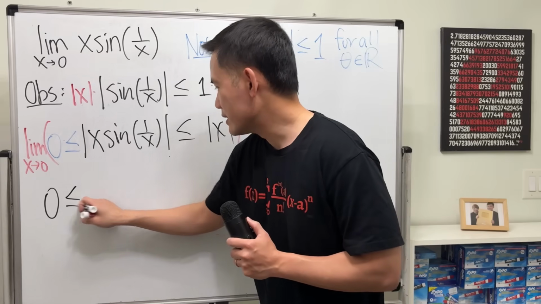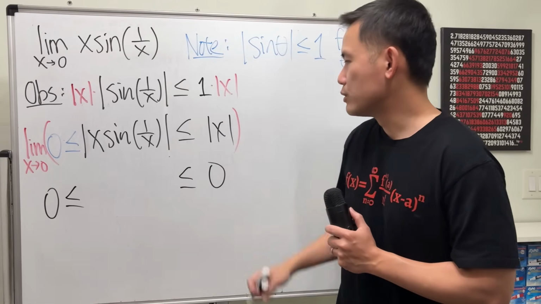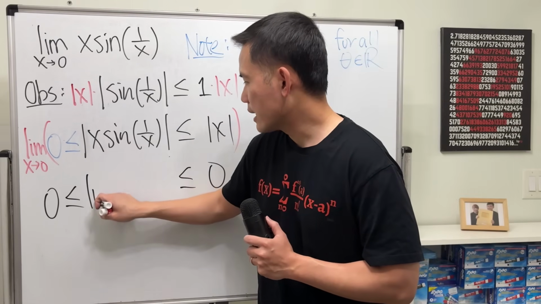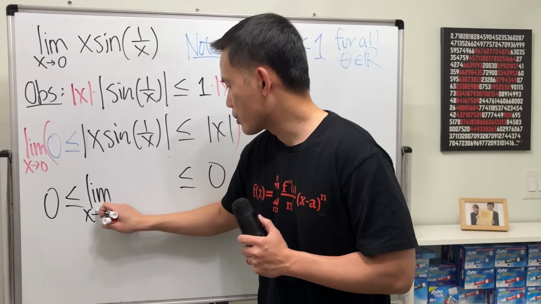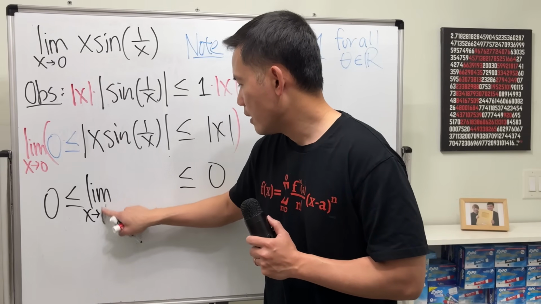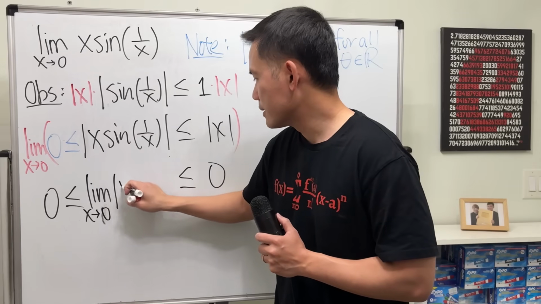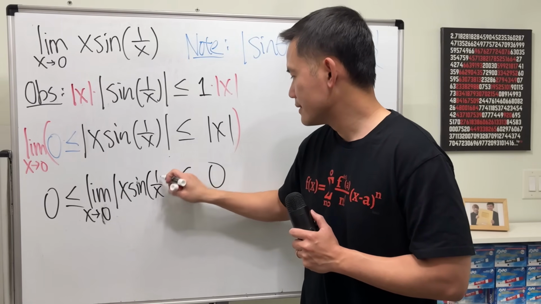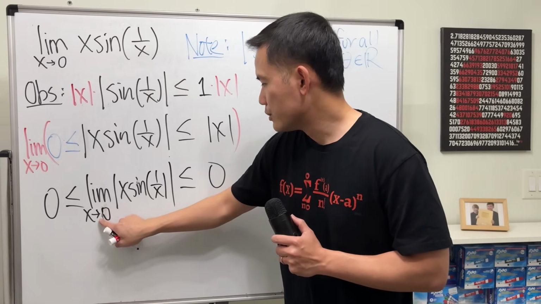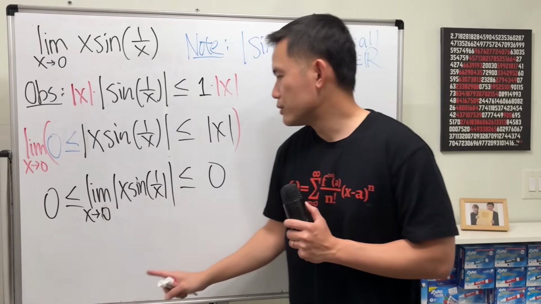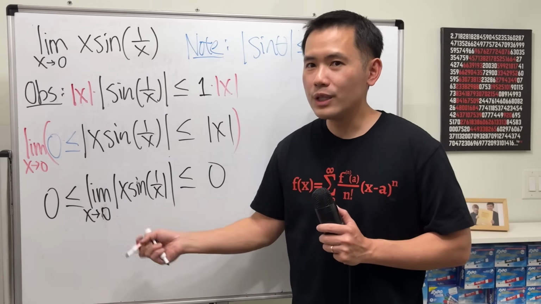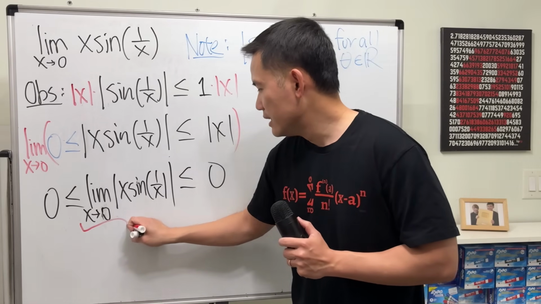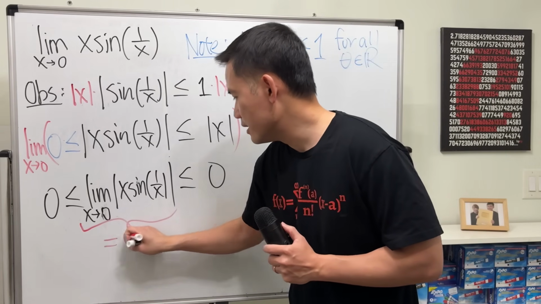So we can say that will be 0 as well. And in the middle is exactly the limit as x approaching 0 of the absolute value part. As you can see, the left hand side is 0, the right hand side is 0. The only way for this to be true is that this thing has to be exactly 0.